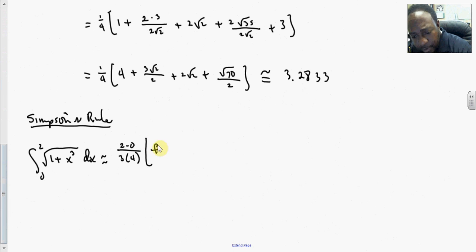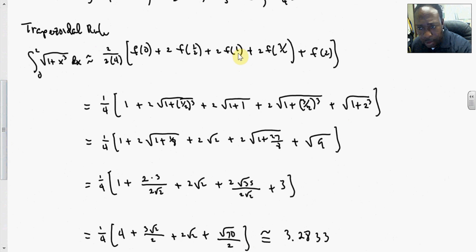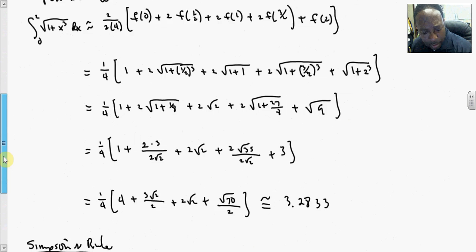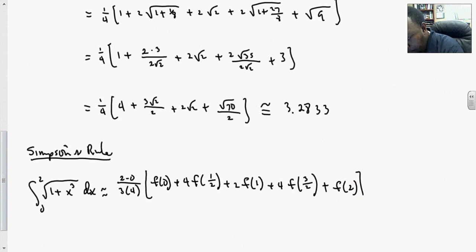And so this is times f of 0 plus 4 times f of a half, and then the 1, the 3 halves, and the 2. Here plus 2 times f of 1 plus 4 times f of 3 halves, and then plus f of 2.